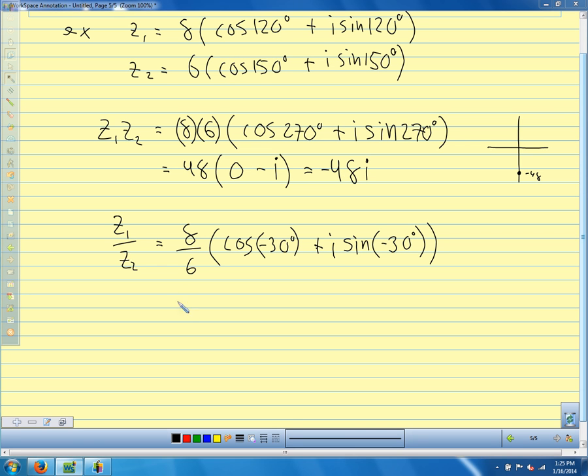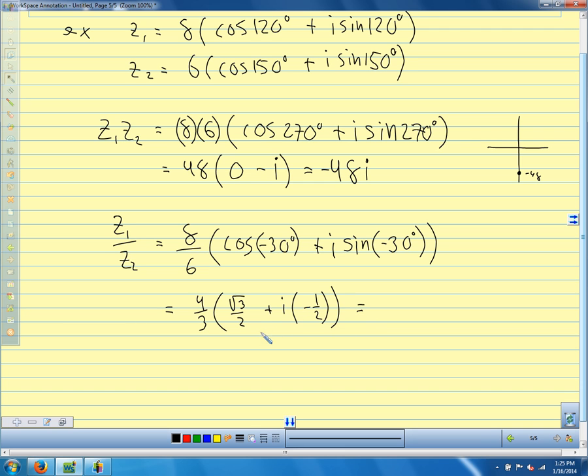If we want to write it in a plus bi form, we would get 4/3 times the cosine of negative 30, square root of 3 over 2, and the sine of negative 30, negative 1/2.